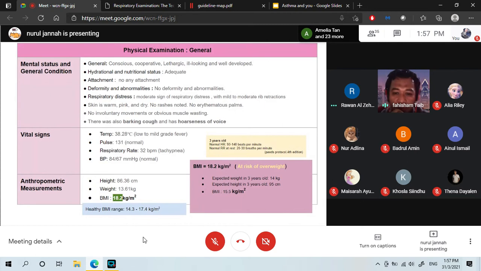So what is the most important thing I want to know in terms of respiratory? Oxygen saturation. Yes, saturation. We're not dealing with jaundice or anemia or something like that. We're dealing with respiratory problems.